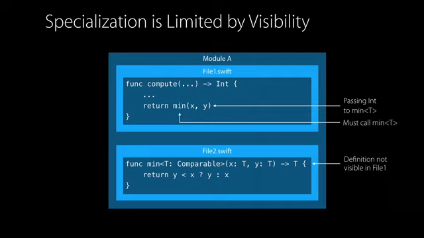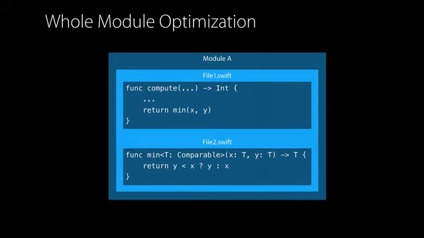But what if we have whole module optimization enabled? Well, if we have whole module optimization enabled, both file1.swift and file2.swift are compiled together. This means that definitions from file1 and file2 are both visible when you're compiling. So basically, this means that the generic min_t function, even though it's in file2, can be seen when we're compiling file1.